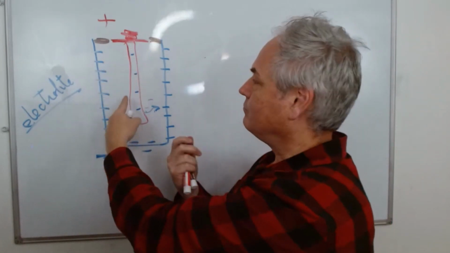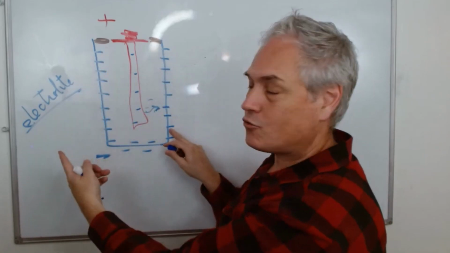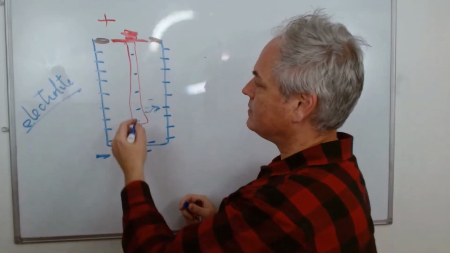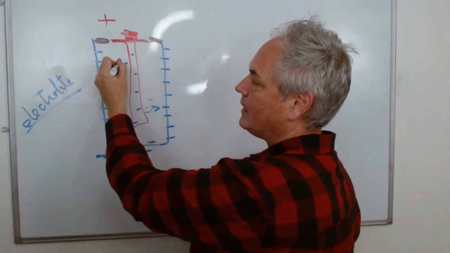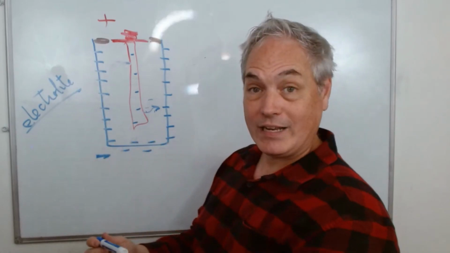This one welcomes electrons, but if something wants electrons more, electrons will go away. So here we have electrons that gain energy and are ready for use.